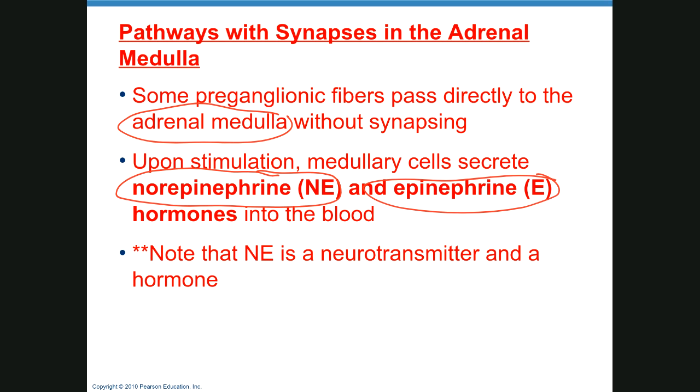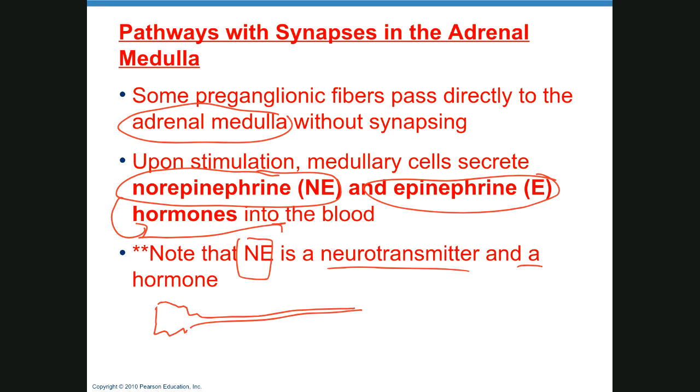And by definition, hormones are secreted into the blood. Now, note that norepinephrine is both a neurotransmitter and a hormone. So when a sympathetic neuron releases norepinephrine into an organ, like the heart, for example, that is a neurotransmitter.